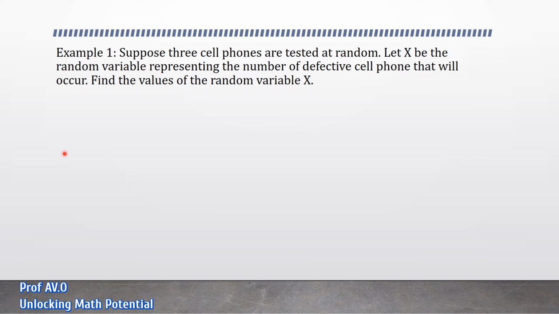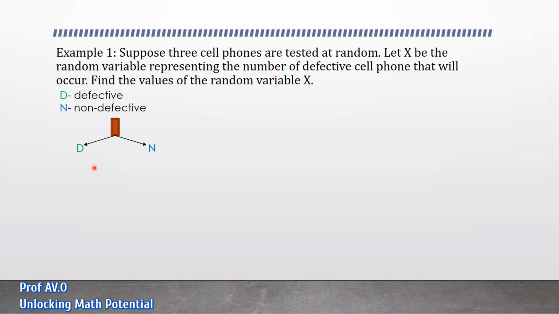So I will assign a letter for defective and non-defective: D for defective and N for non-defective. So let's say I have here a cell phone. We will test this cell phone 3 times, since we have 3 cell phones in our problem. Again, either this cell phone is defective or not. So this would be our first test.